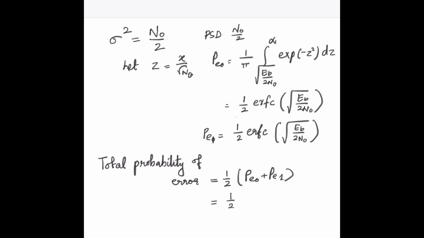This will be equivalent to 1 by 2 into the complementary error function of root of Eb by 2 N0, which is the final formula for the ASK probability of error. So the probability of error depends on the signal energy and the noise in the signal. Do like, share and subscribe to the channel for latest updates.